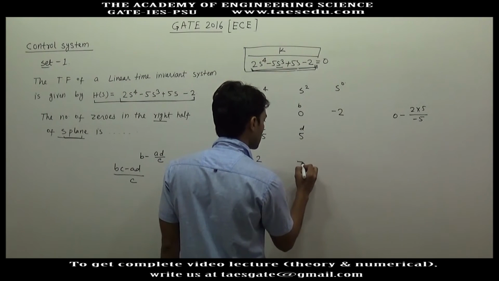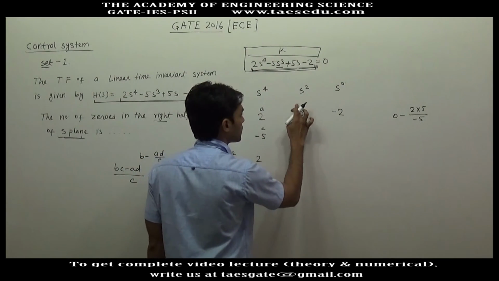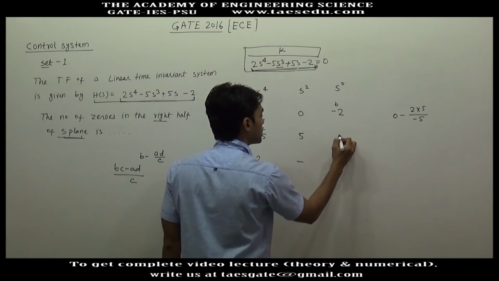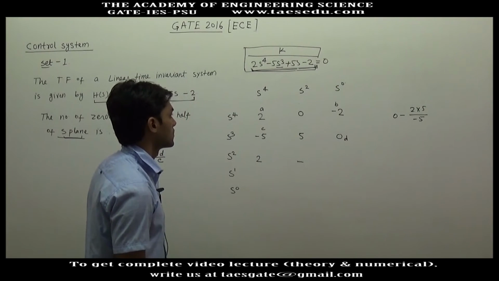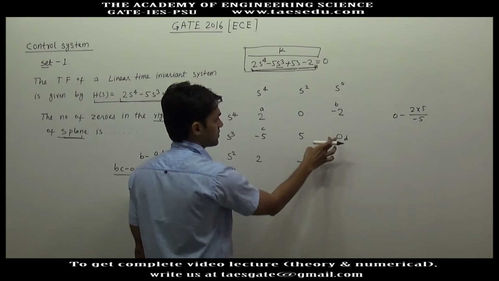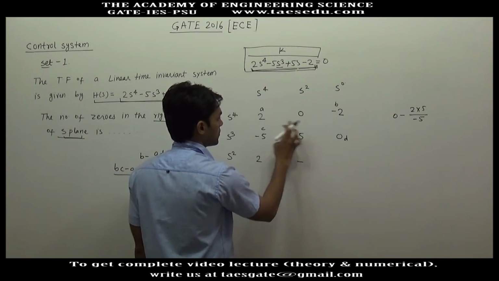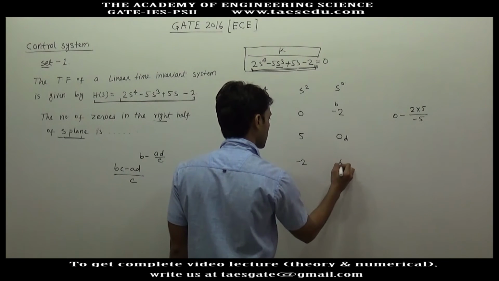To find this element, a and c will be the same, and this will be b, and here we have 0, this will be d. This will be (bc minus ad) by c. Since d is 0, ad will be 0. Here you will have minus 2, and here 0.